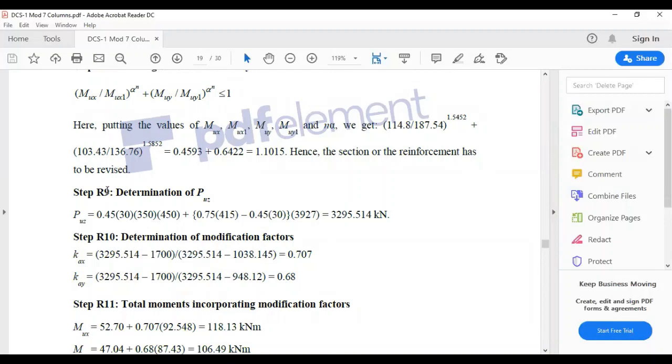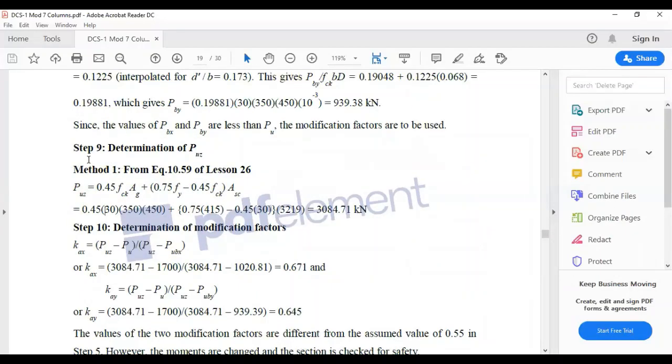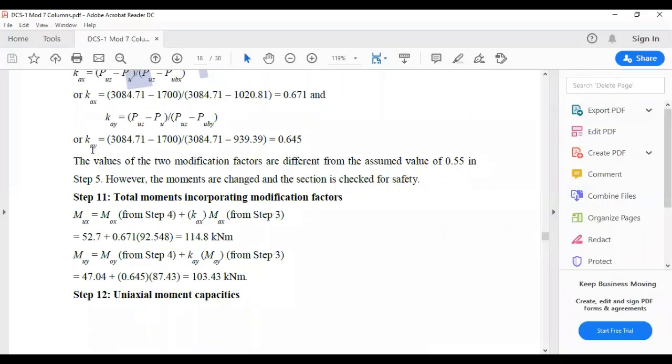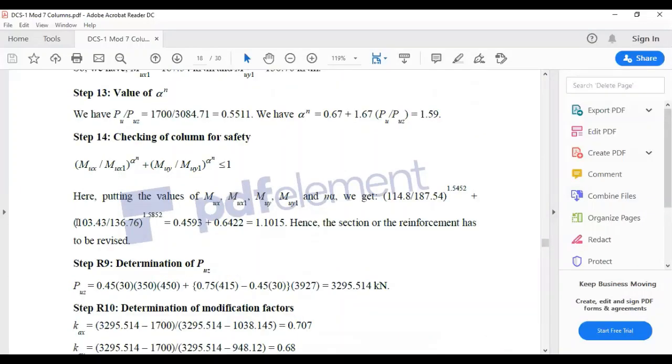Now this is step 9 revision, determination of PUZ. So we will revise this step here. So now the PUZ will be given by 0.45 FCK BD plus 0.75 FY minus 0.45 FCK into 3927. So this value comes out to be 3295.514 kilonewton.